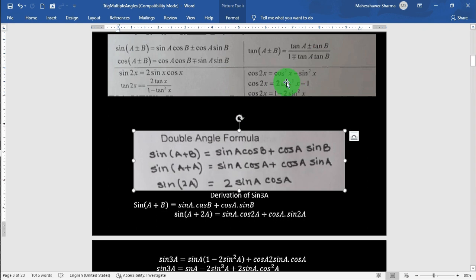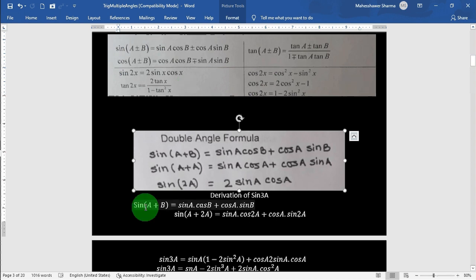So like this we can get the cos 2a value. Same way for tan, tan 2a equals 2 tan a by 1 minus tan squared a. All of this can be derived as I have derived it here for sine. You can derive similarly for cos as well as tan.